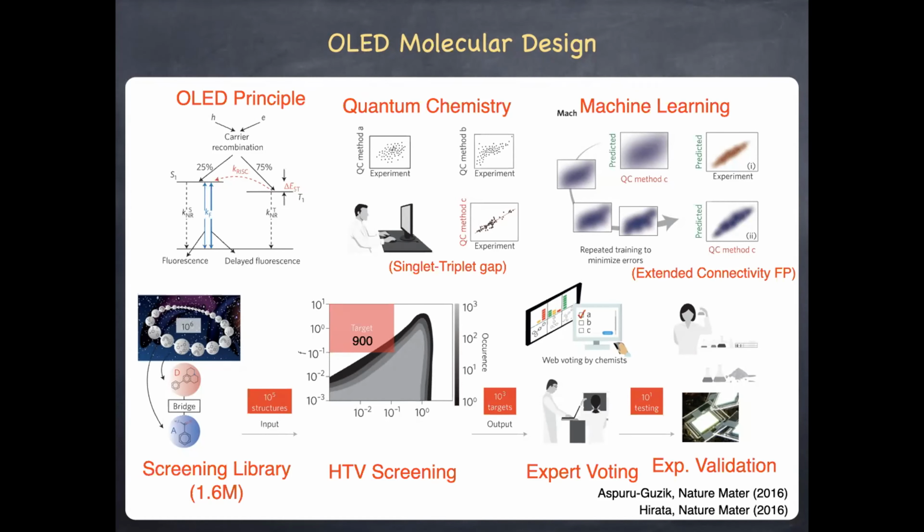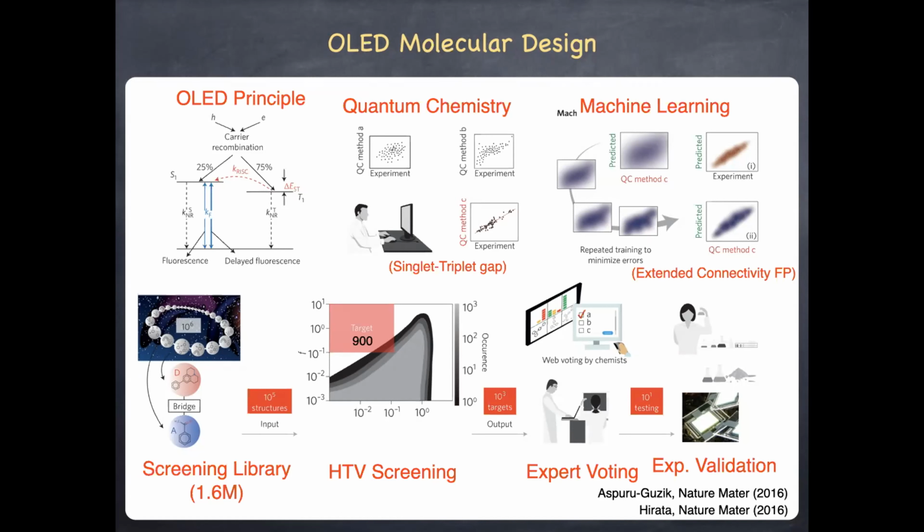And that's where machine learning methods may come in, so that one could have a simplified model that could predict the properties of molecules, such as singlet-triplet gaps here. In this example, Alán Aspuru-Guzik and coworkers used some kind of fingerprint as a descriptor of the molecules, and they built a model that allows us to calculate the singlet-triplet gaps.